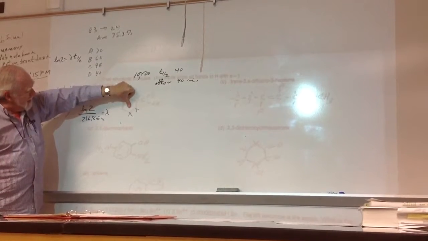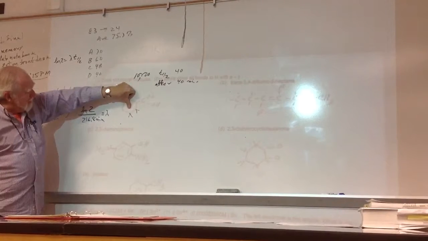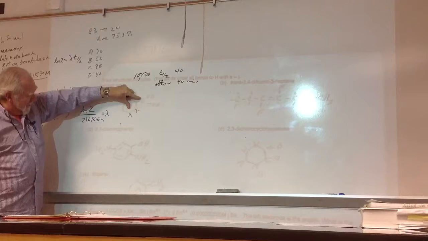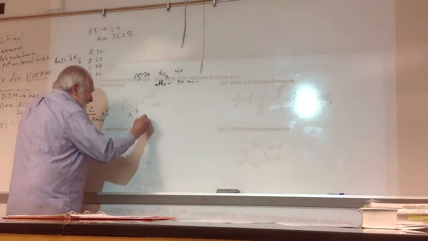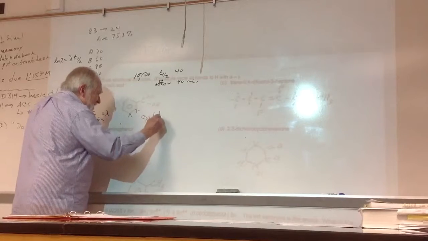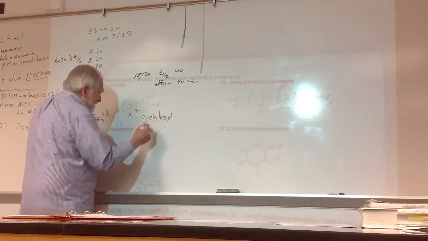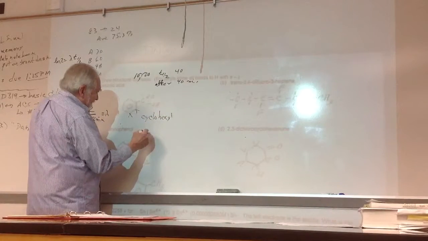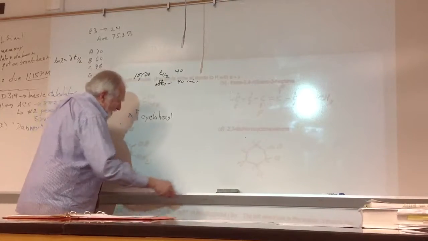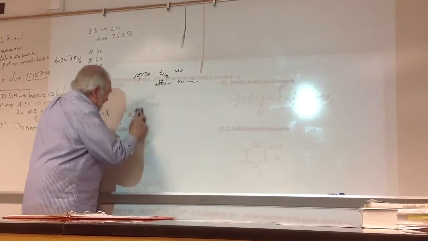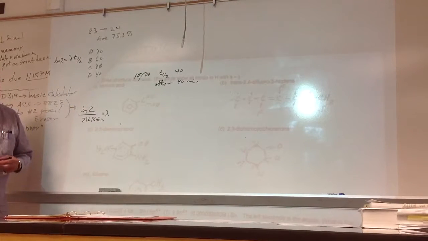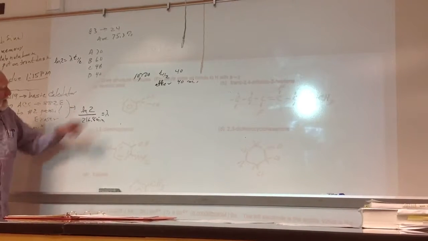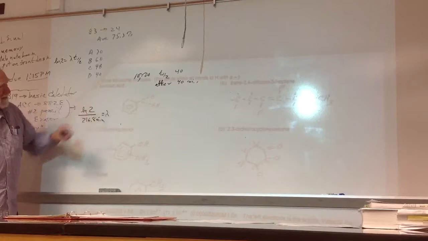It's based on cyclohexane, and maybe we'll call it cyclohexyl something. I can't think of any name for that. Anyhow, since I couldn't think of a name for it, it's wrong. Yes? Oh, no, no, you didn't go for that. Benzoic acid. Okay.